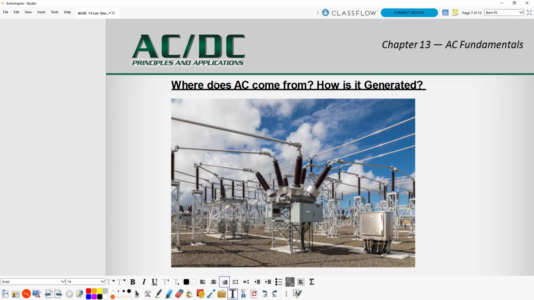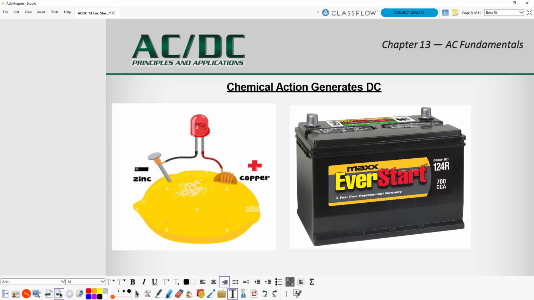So where does this AC voltage come from? A more precise way of saying that is, how is AC voltage generated? Now, if you remember back to the Chapter 1 lecture in INST 1111, when we first got started, we talked about a lemon battery.